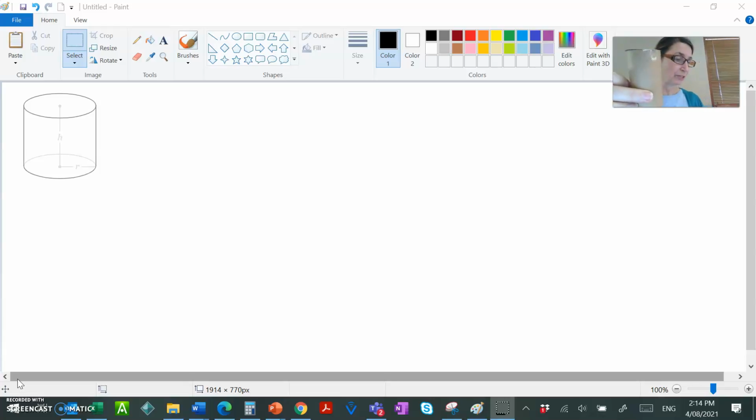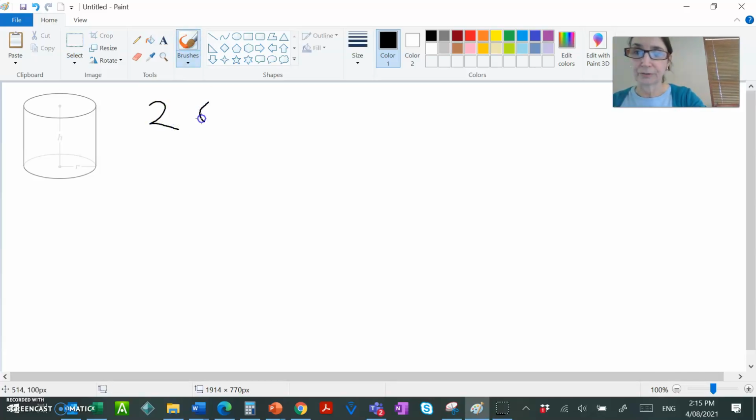So the first thing we're going to do is we can see that the top and the bottom are of course circles. So there's the top and the bottom, two circles. So to work out the surface area of the cylinder, the first thing we need to do is we're going to have two circles, top and bottom.